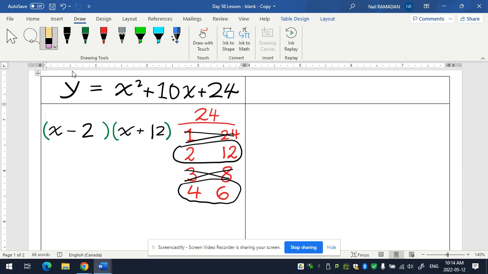What's 12x minus 2x? Come on. 12x minus 2x, like 12 minus 2. It's okay. Okay, it's 10. What's negative 2 times 12? Negative 2 times 12. Nope. What's 2 times 12, but the 2 is negative?